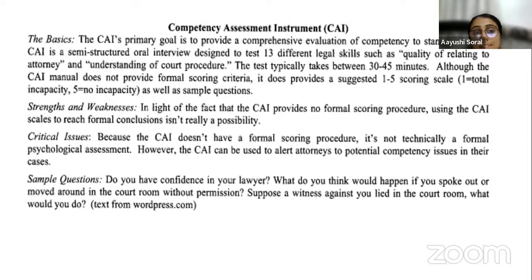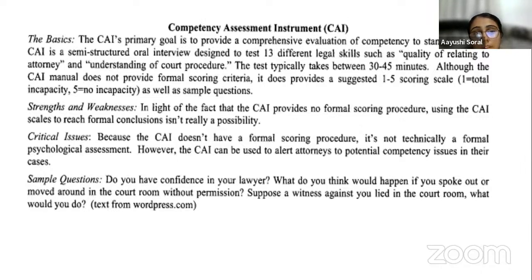The CAI is a semi-structured oral interview designed to test 13 different legal skills, such as quality of relating to attorney and understanding of court procedure. Again, this is somehow related to section B we have observed in the CAST MR scale. The test typically takes between 30 to 45 minutes.